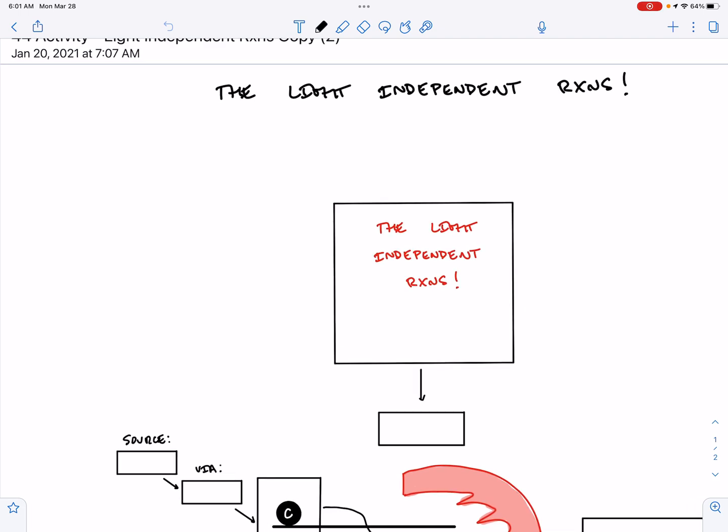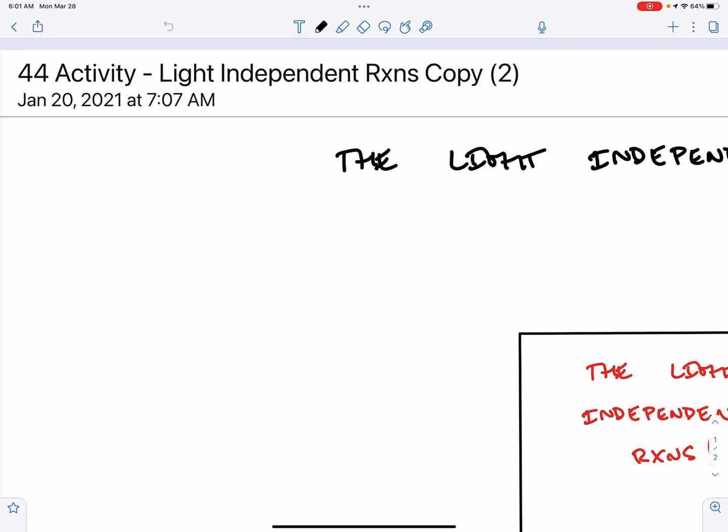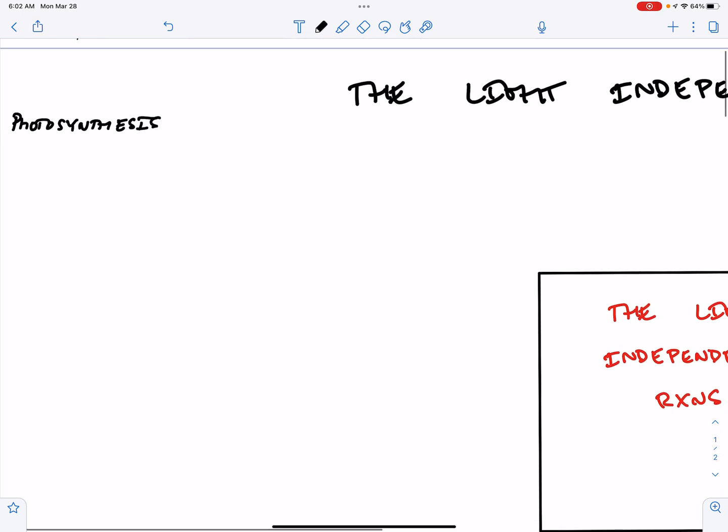So before we dive into the light independence, just a quick review of the overall equation for photosynthesis. Okay, so we know that the inputs for photosynthesis are CO2 and H2O, and also light, which are all the reactants and necessary ingredients in order to have the reaction happen.